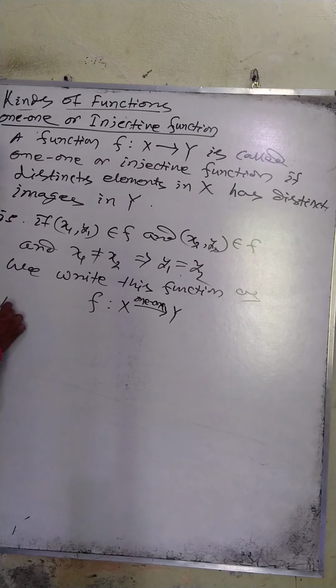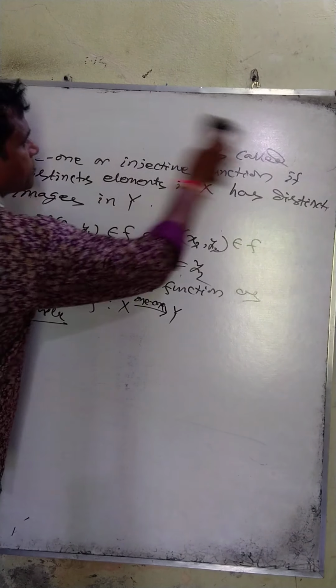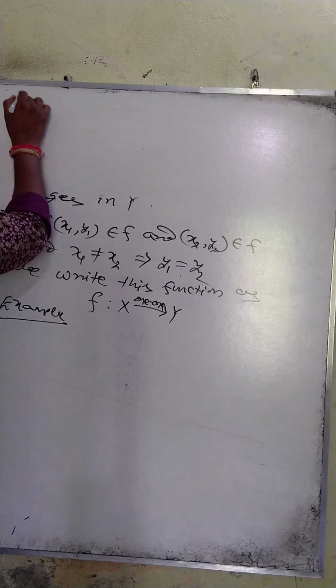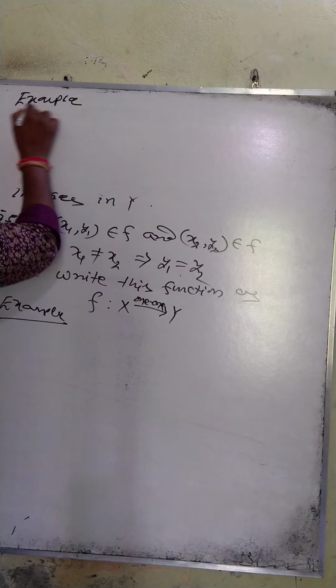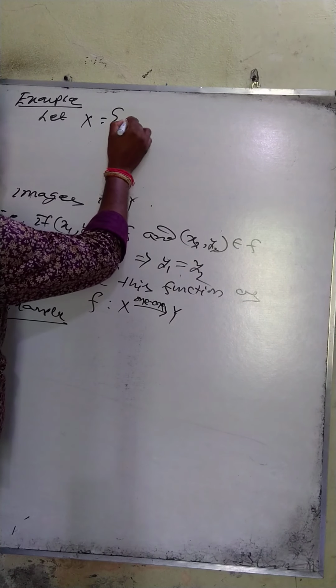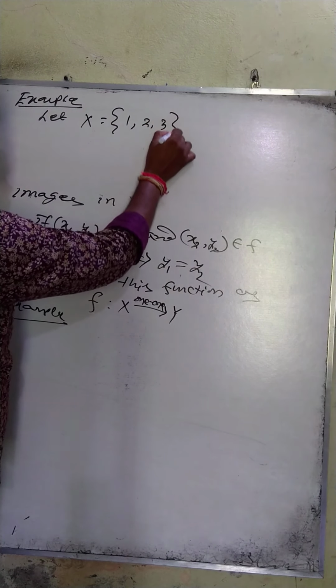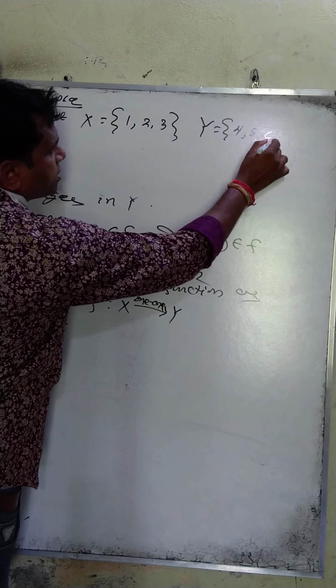Example: let X is equal to {1, 2, 3}, Y is equal to {4, 5, 6, 7}.